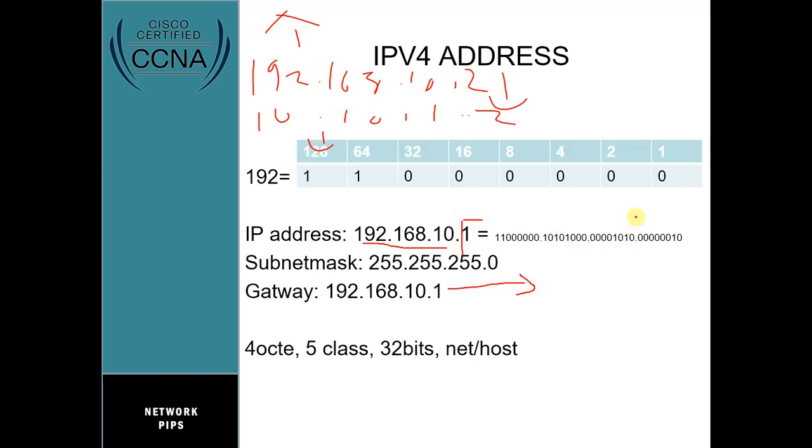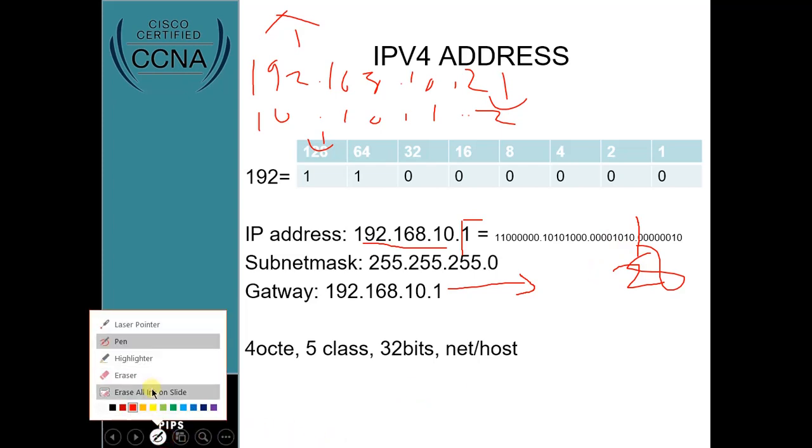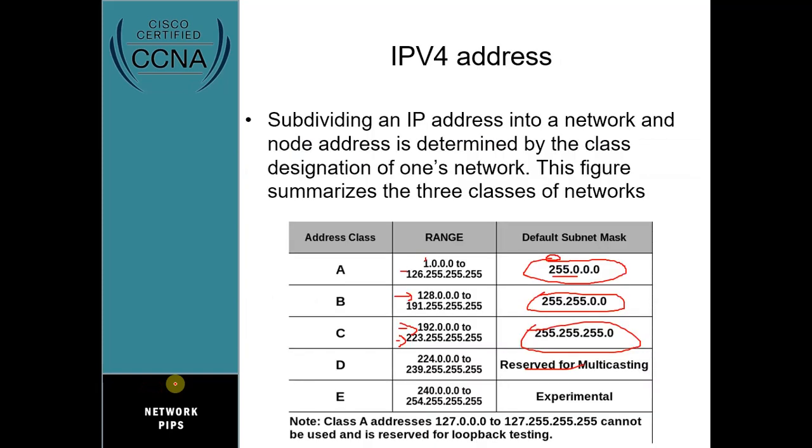If I'm counting, this is 1 2 3 4 5 6 7 8, so we're going to do 2 to the power of 8 to determine the number of valid hosts on that network. But we're going to learn how to do that later when we get to the subnetting class.